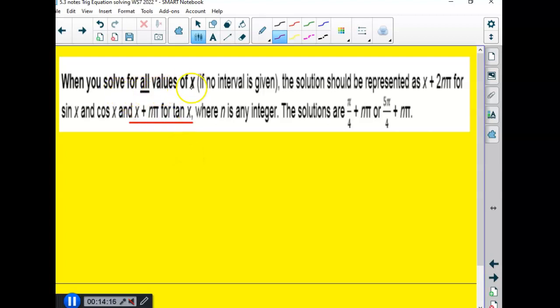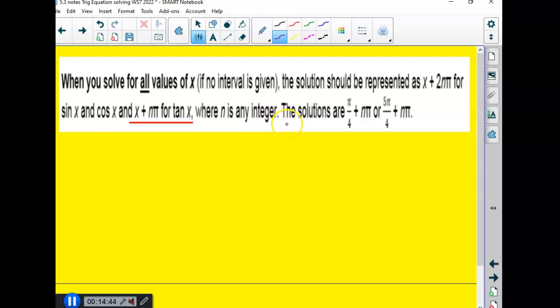It says when you solve for all values of x, in other words, there's no interval given, it does not say 0 to 2 pi, the solution should be represented as x plus or minus 2 pi n for sine or cosine, and x plus or minus pi n for tangent, because tangent has a period of pi, where n is any integer.